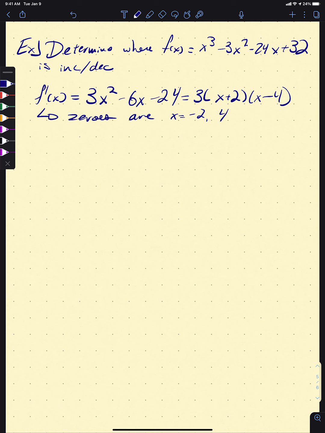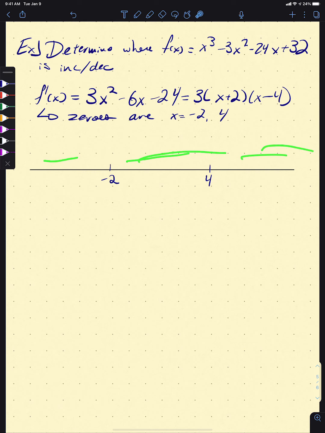So what that means is I can draw this little line here, and I can put these important points on here, negative 2 and 4. And because our functions are continuous, this goes back to the intermediate value theorem, and these are where my function equals 0, the sign across each of these intervals is going to be constant, right?